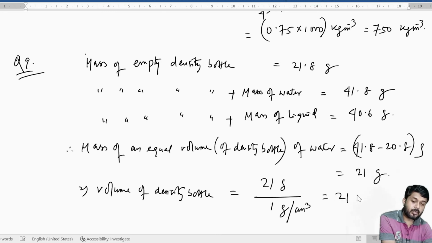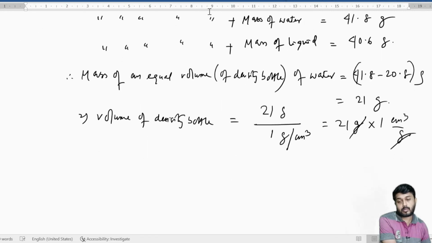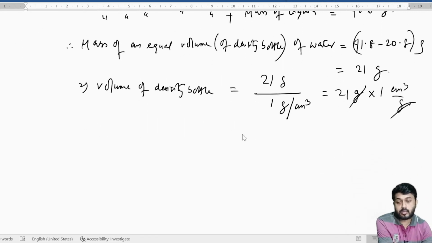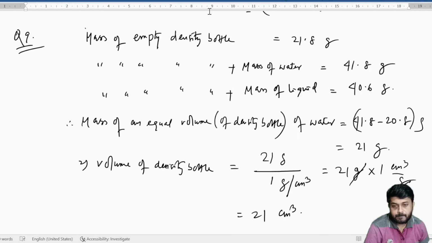Because the density of water is, as we know, 1 gram per cc. 21 gram into 1 centimeter cube by gram. This actually is 21 centimeter cube.